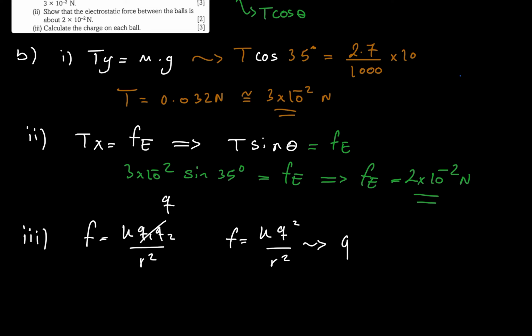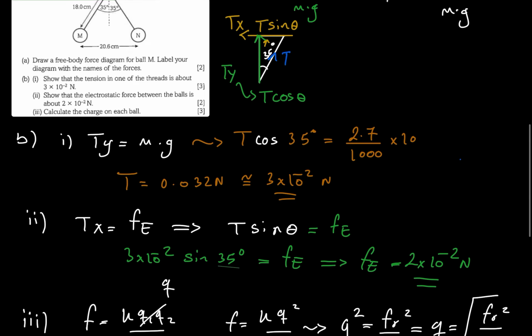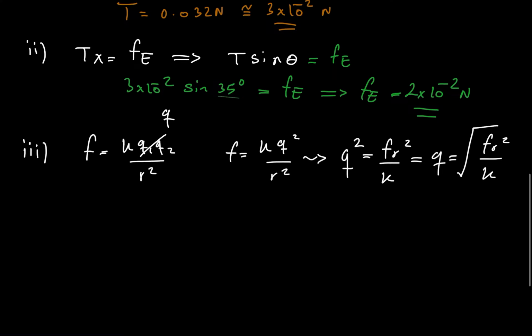Let's rearrange this for Q. Q squared is equal to F R squared divided by k. So Q is just the square root of F R squared over k. Now, the distance between the balls is 20.6 centimeters.